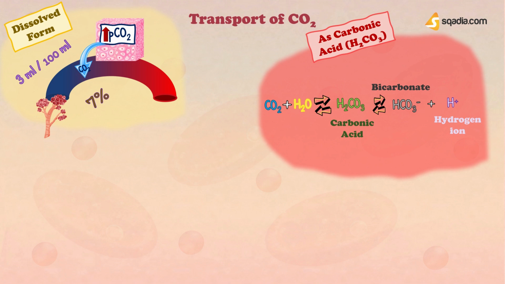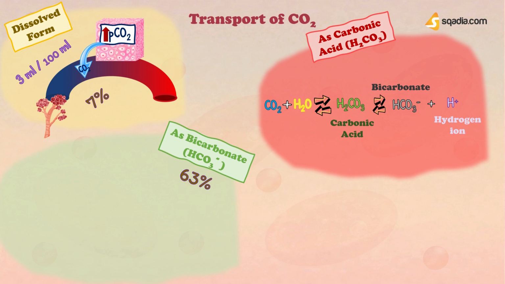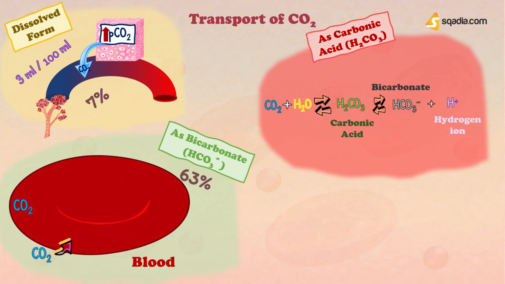Now, this bicarbonate produced as a result of dissociation of carbonic acid is the major form in which carbon dioxide is transported, because it carries out 63% of its transport. From plasma, carbon dioxide can enter the red blood cells.